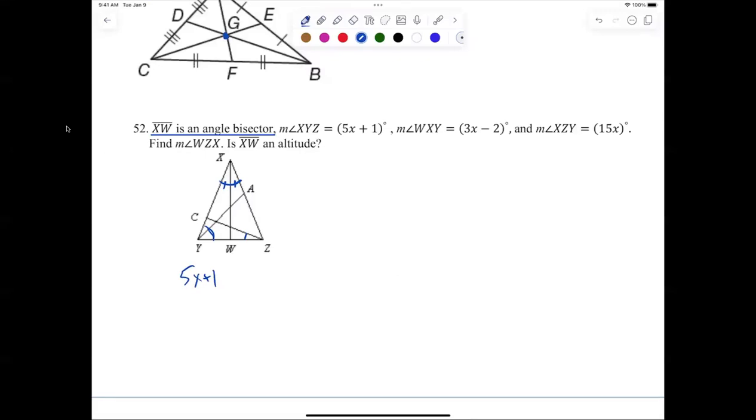What am I saying? WXY. Oh, is this angle right here? That's 3x minus 2, right? All right. And then XZY. This angle right here is 15x.